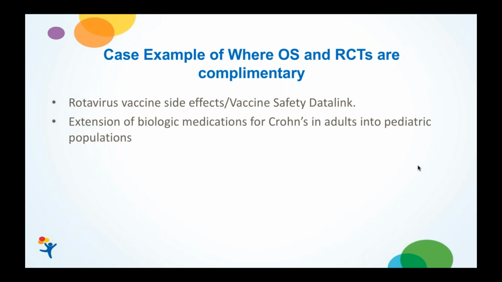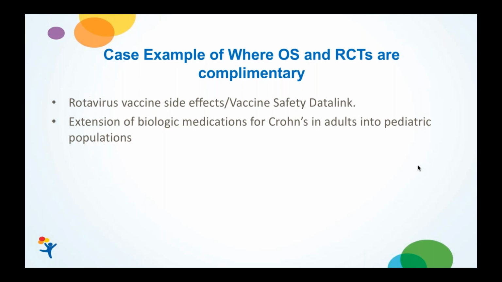Several decades ago, there was a new rotavirus vaccine that was developed for infants. It underwent rigorous randomized controlled testing over tens of thousands of different people, and the vaccine was thought to be safe and effective, so it got rolled out into the public health domain.